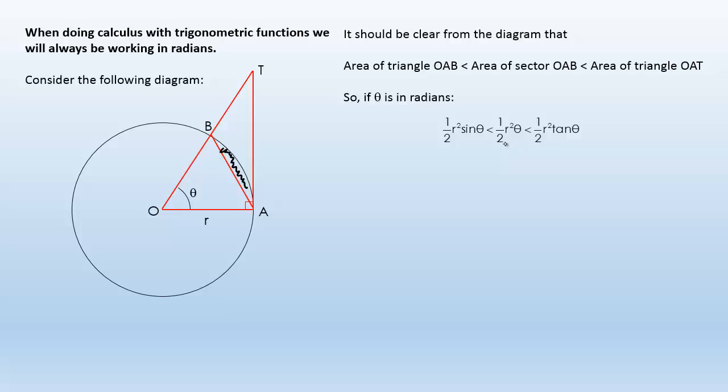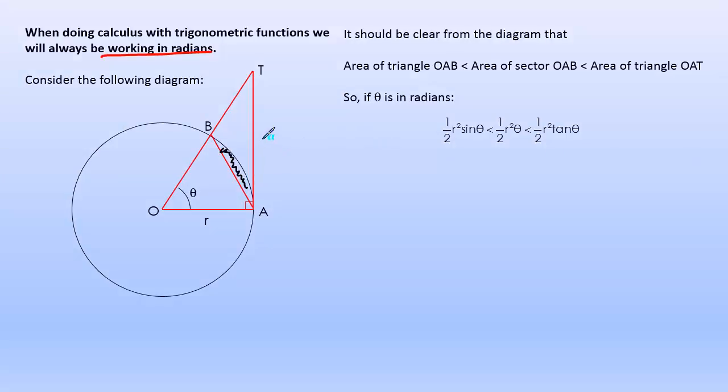That's the area of a sector if we're working in radians, and that's why we said up here about working in radians. And that's less than a half r squared tan theta, which is the area of this big triangle here. Now that's just ordinary right-angled triangle trigonometry.